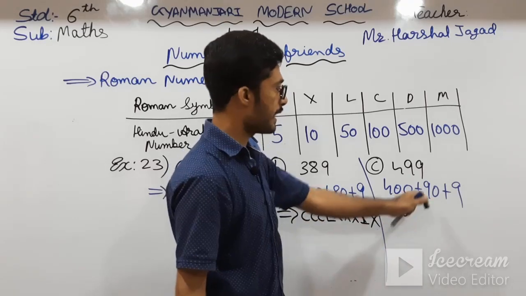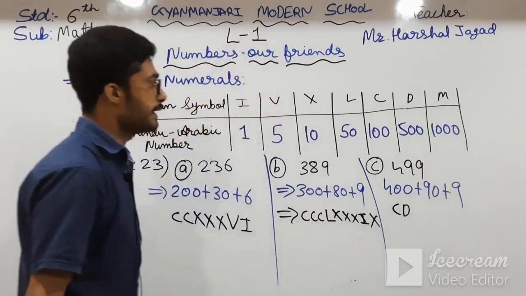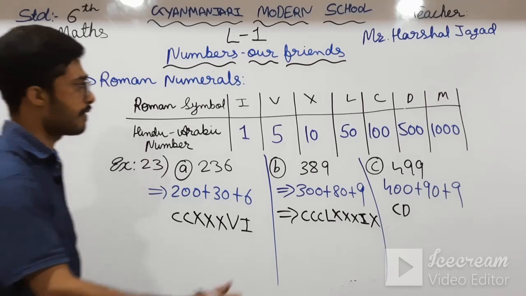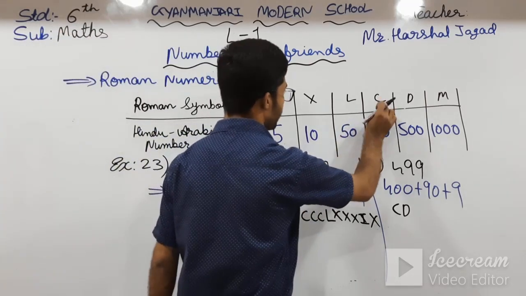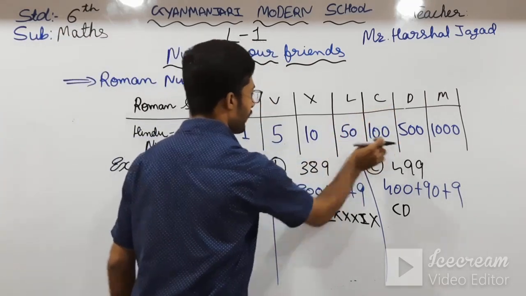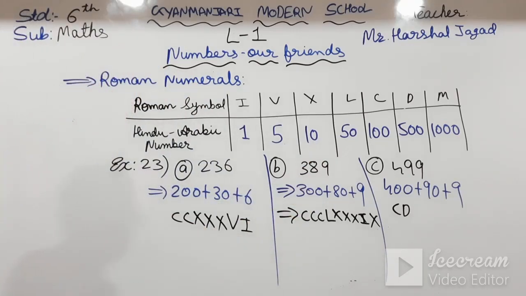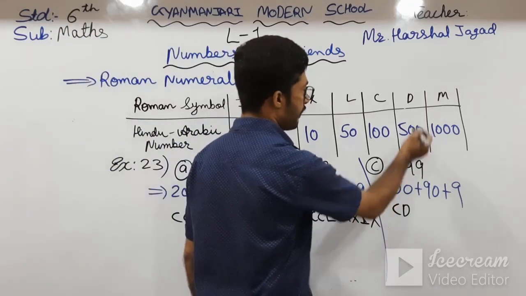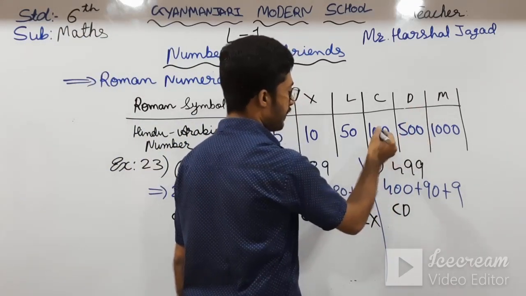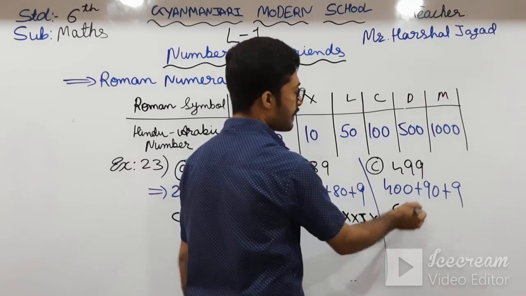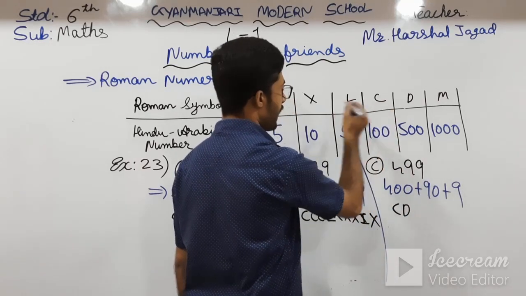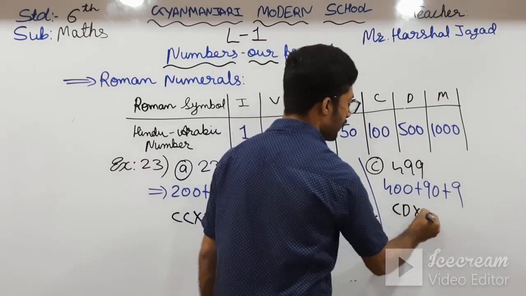Then how can we write 90, students? Please tell me. We can write 100 minus 10, that is 90. If we have written CD to make 400, meaning 500 minus 100, then for making 90 we have to write XC.